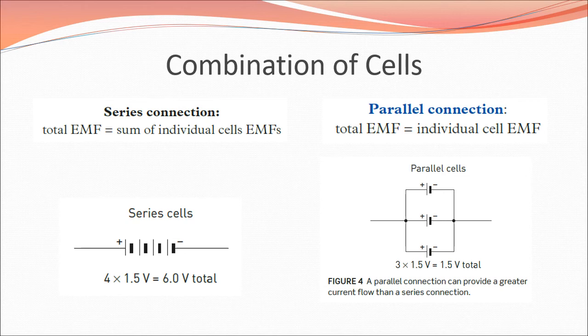So the potential difference between the positive terminal on the left and the negative terminal on the right is only ever 1.5 volts, regardless of how many of those cells you add in parallel. What we do change by adding cells in parallel is that we allow more electrons to flow through than could flow through in our series cells. So we actually get 3 times the current flowing out of our cells in parallel. So when you have cells in series, you add the voltages. When you have cells in parallel, your currents will add.